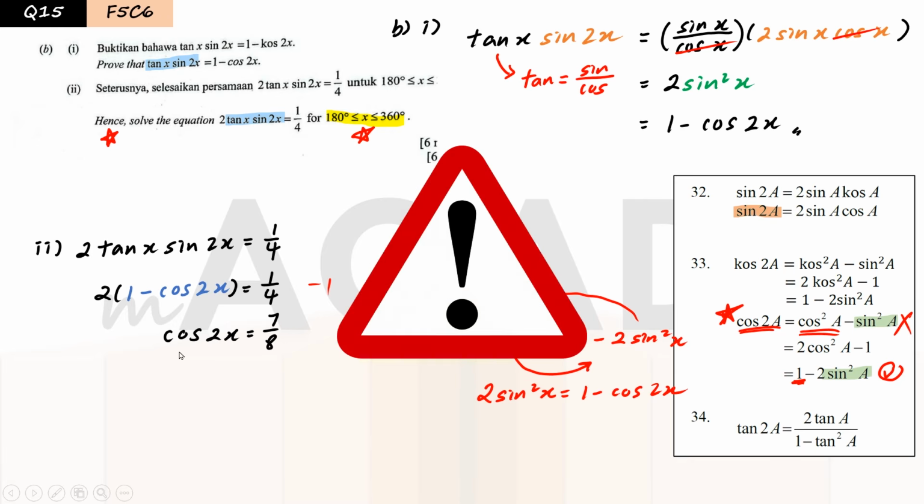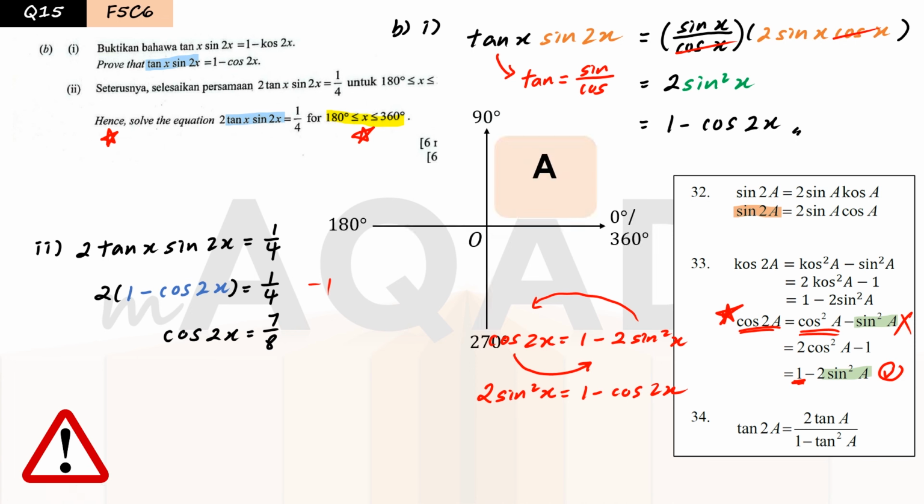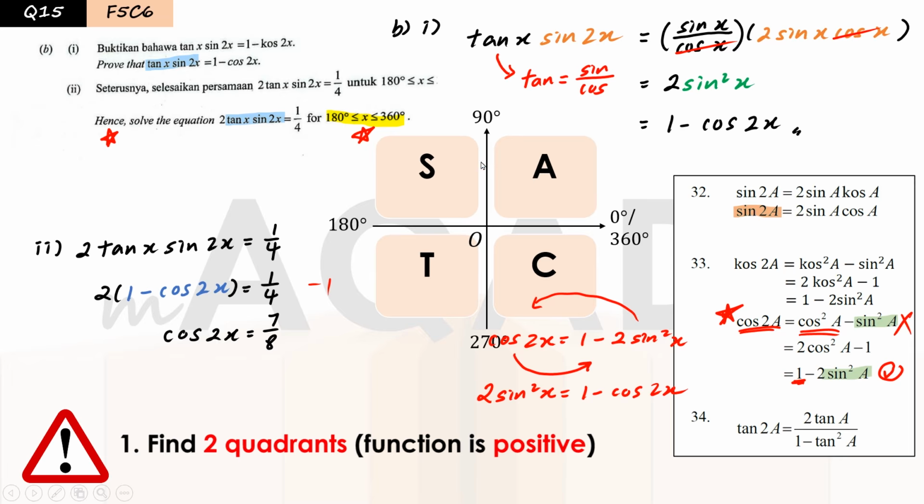Right, so now how are we going to solve this? For this one we need the help of the ASTC method. This time we only need to do one thing. We need to select the quadrants, or the sections, where the cos function has a positive value, because you see in this equation the cos value is positive. So from this ASTC graph, we need to see which are the quadrants where cos is positive.